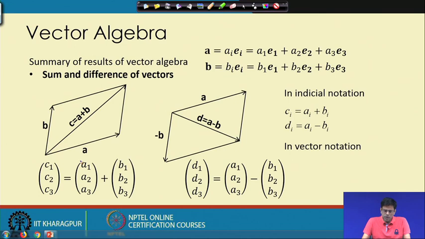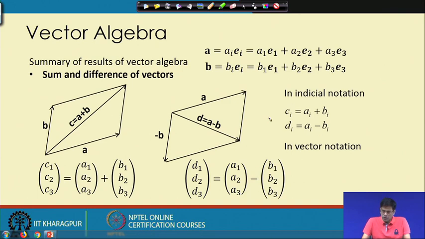In component form we know how to write it. C1, C2, C3, if it is the sum, then it is a component-wise sum: A1, A2, A3 is added with B1, B2, B3, so A1 plus B1, A2 plus B2 and A3 plus B3. Similarly, subtraction is the sum of the negative of B with A, so A1 minus B1, A2 minus B2, A3 minus B3 and so on.